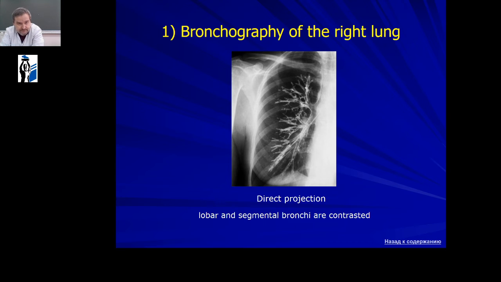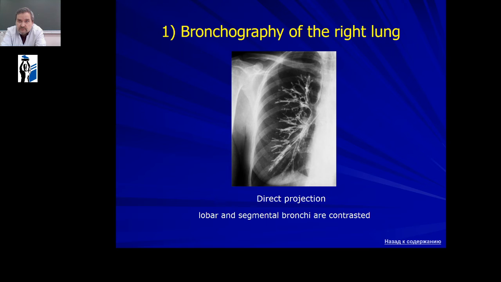First is bronchography of the right lung, direct projection, and lobar and segmental bronchi are contrasted using iodine-containing fat-soluble contrast substances.